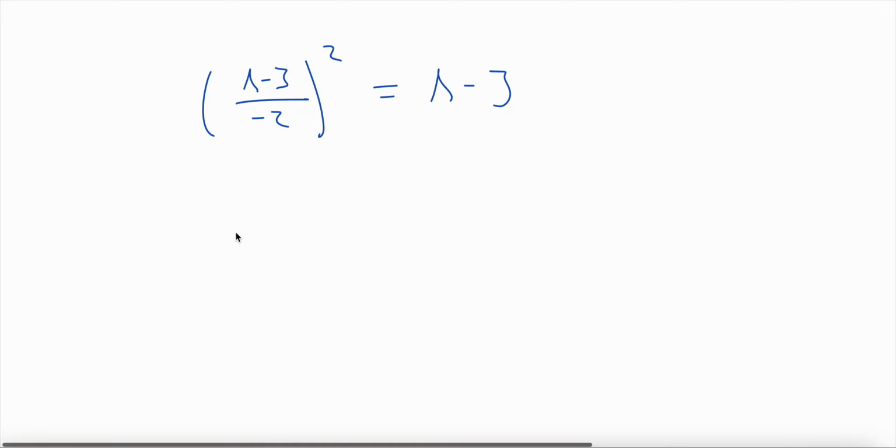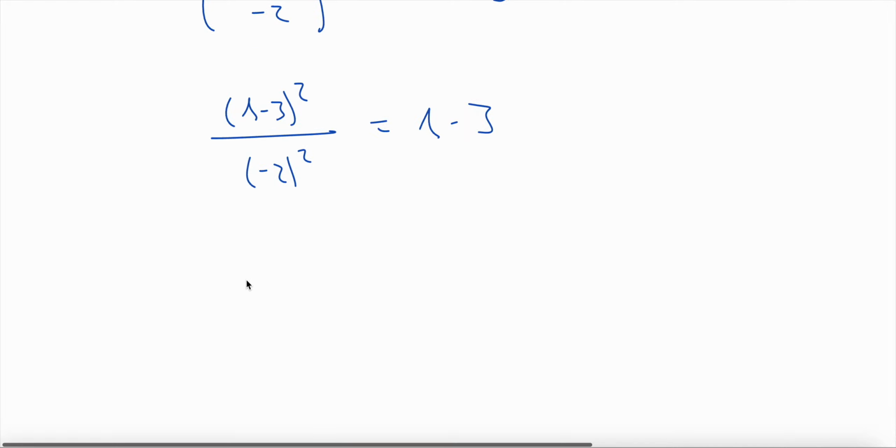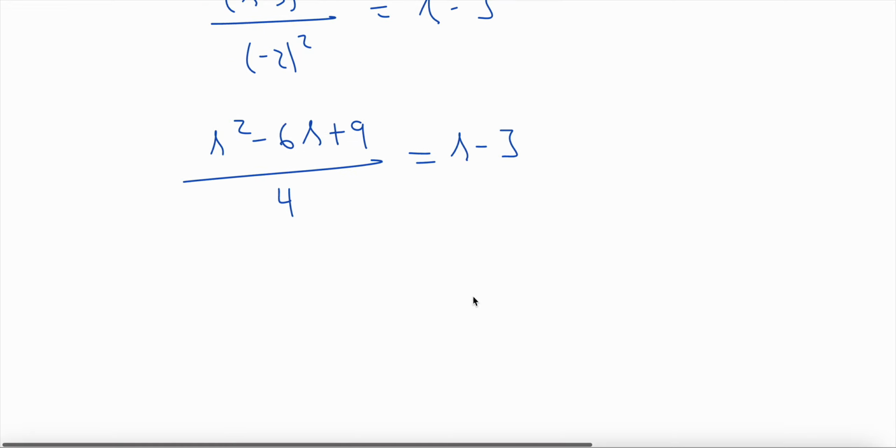Now keep in mind that this right here is equal to h minus 3 squared over negative 2 squared, and that equals h minus 3. Now h minus 3 squared is going to be h squared minus 6h plus 9. And negative 2 squared is going to be 4. And that equals h minus 3.